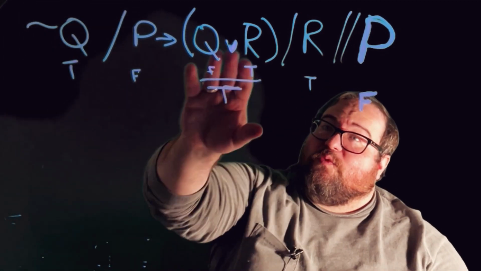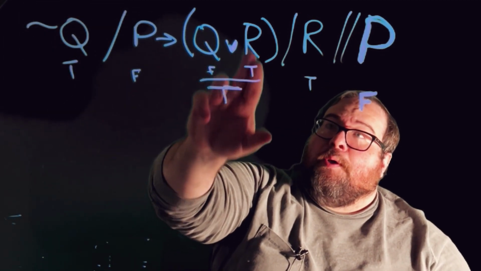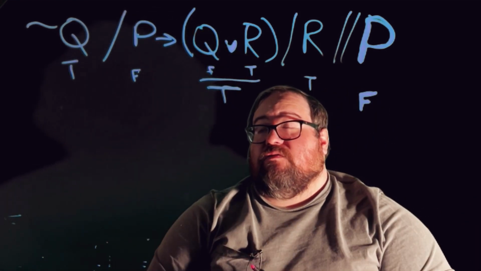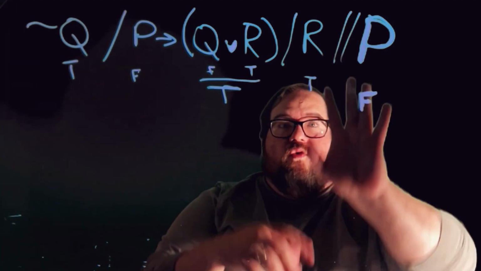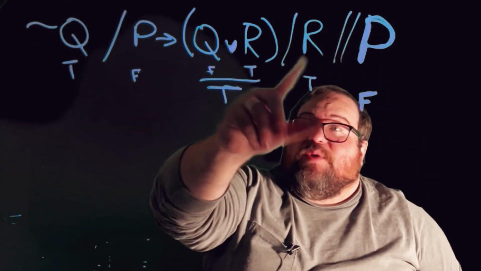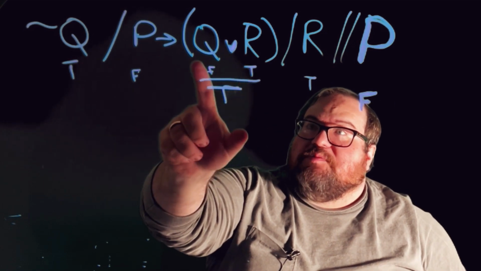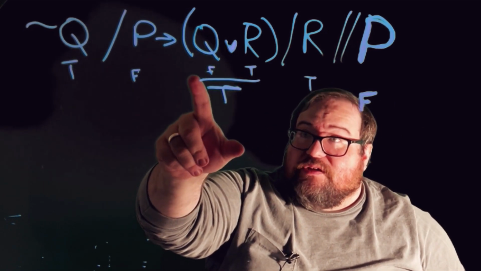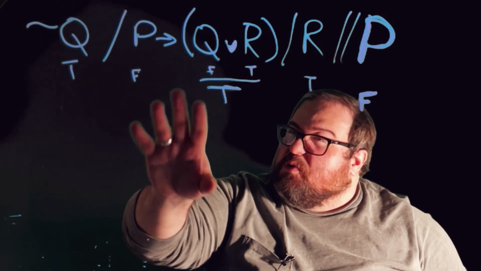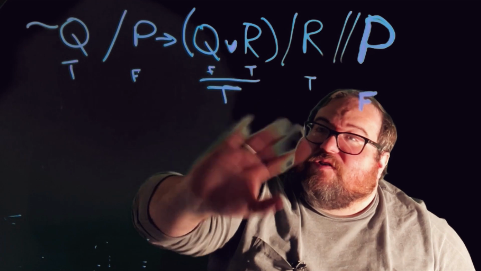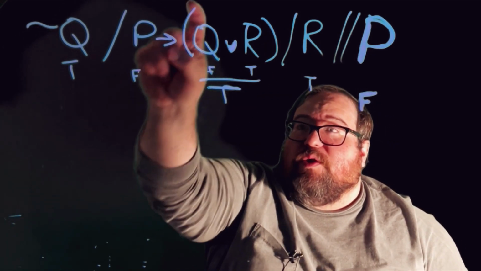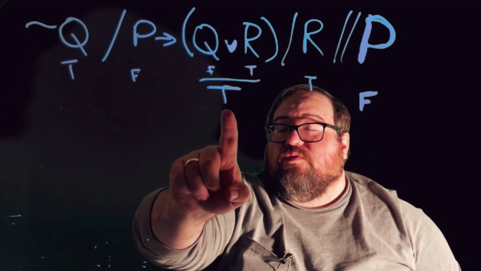In any case where R is true, this is true. It has a truth value of true. Now, R is true because we want our premises to be true. And so we add that value in over here, which means that Q is false. Q could also be true, but for our purposes, we want it to be false because all we need is one of these two terms to be true in order for what's inside of this bracket to be true.